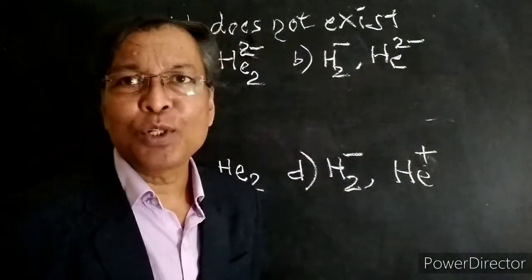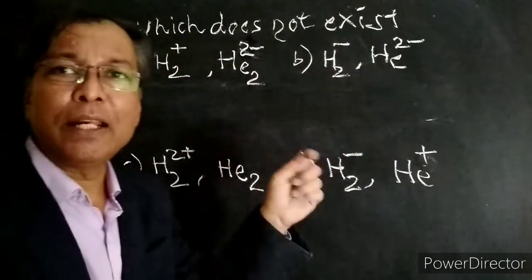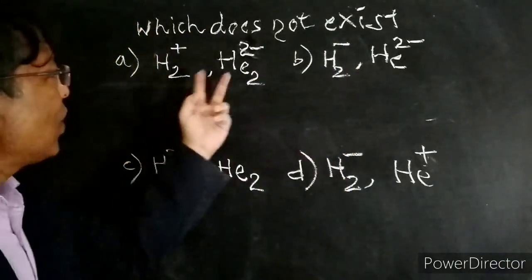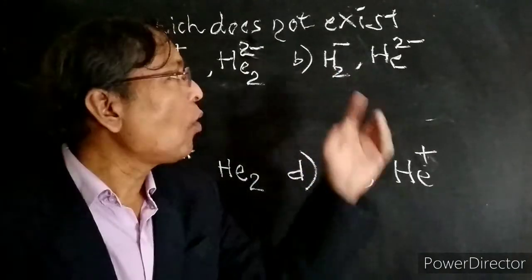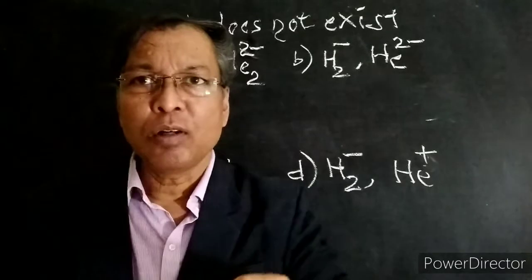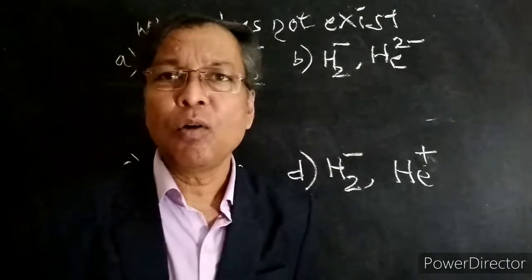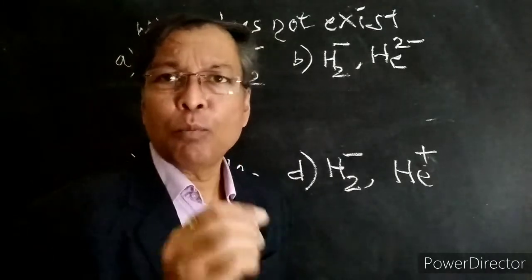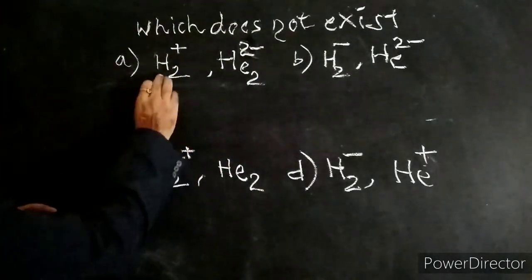Let us solve one more question, on molecules which do not exist. They have given 4 options and each option has one pair of molecules. We have to decide which pair of molecules has bond order 0, because we know that if the bond order of a molecule is 0, that molecule does not exist. Let us find the bond order in this case.